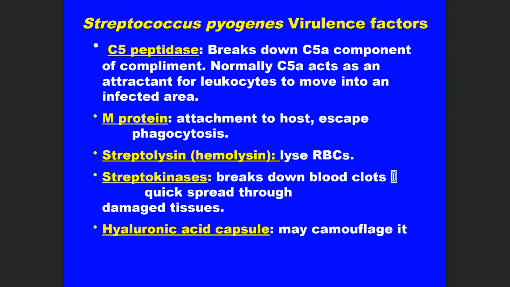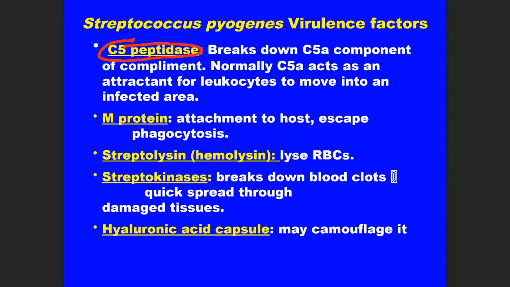Now, like I said, Strep pyogenes is a very pathogenic bacteria. It's really nasty and causes a lot of different things. I want to briefly discuss some of the different virulence factors that this bacteria possesses that make it so bad. One of the enzymes that this bacteria makes is called a C5 peptidase.